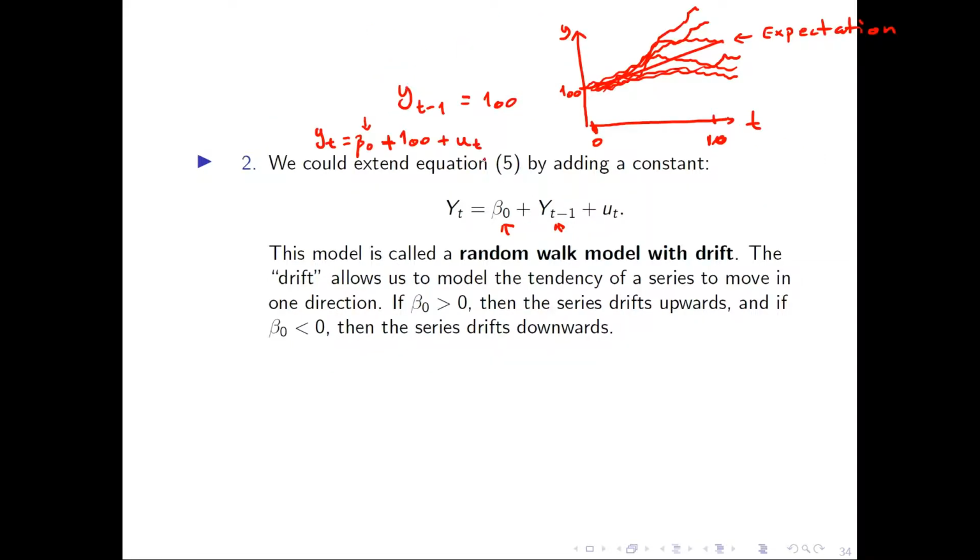So this beta term is really the change in the average or the expected value per period.